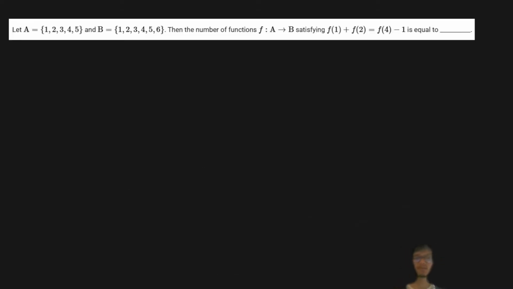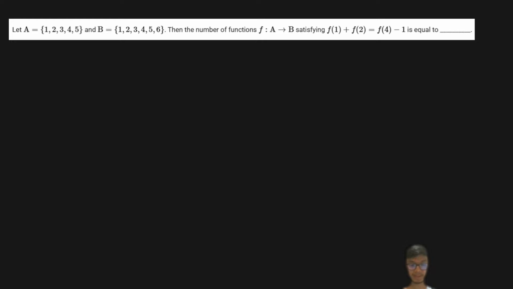All right, so with this, let's move to the next problem. The next problem is another very interesting problem. In this problem, I have to count the number of functions.